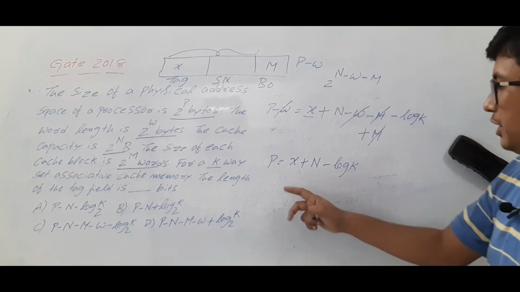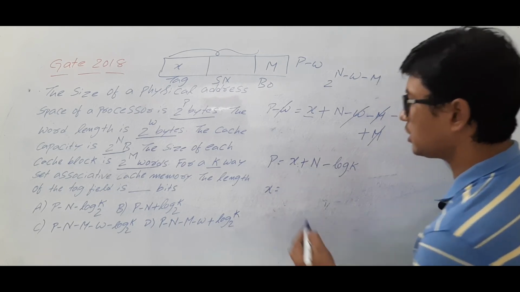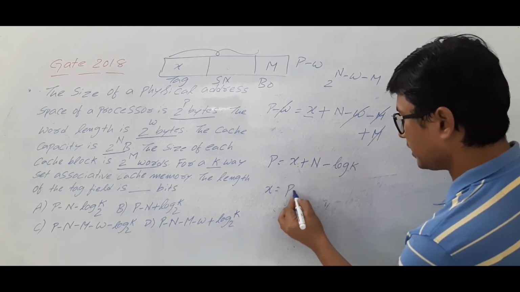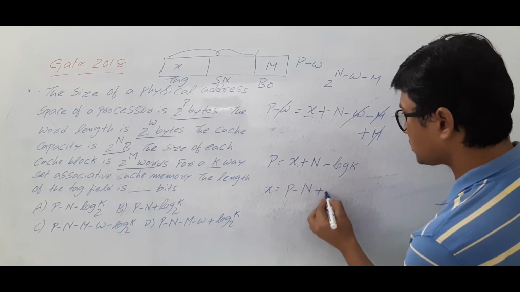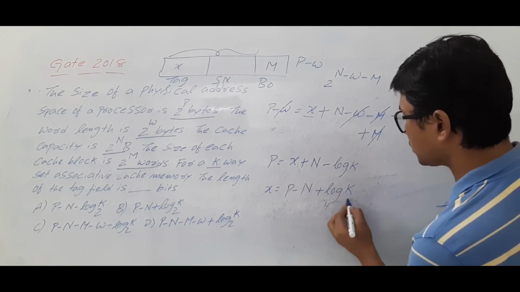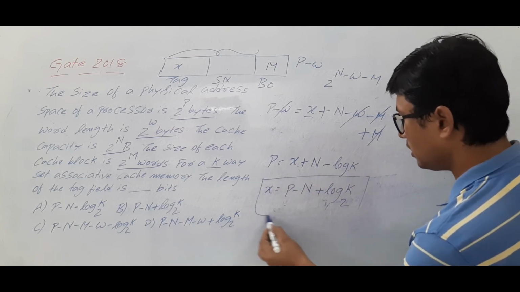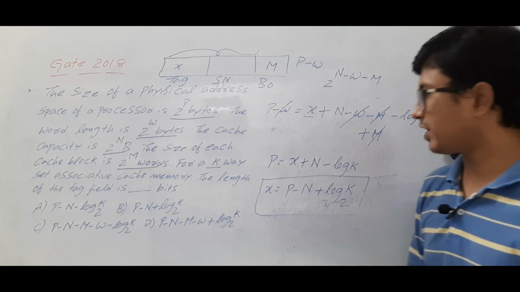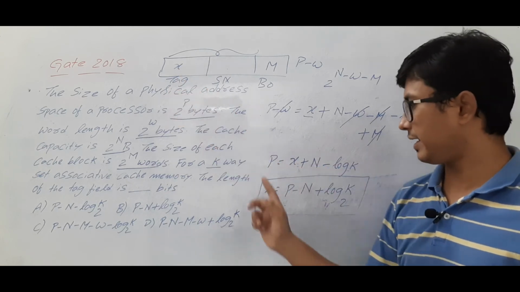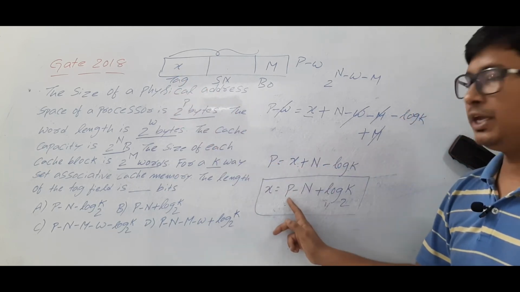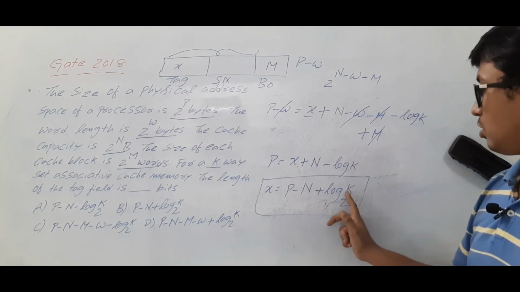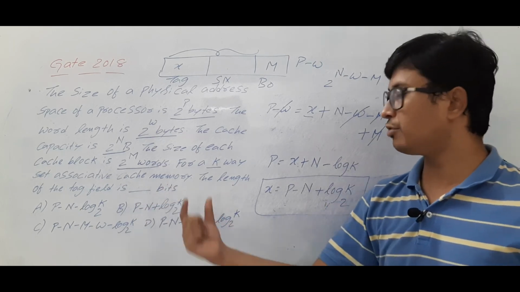Then if you need to calculate x, x is equal to p minus n plus log k base 2. Are you able to understand? This is what I got as the number of tag bits. The number of tag bits I have taken as x. x is equal to p minus n plus log k base 2. That is the number of bits I got.